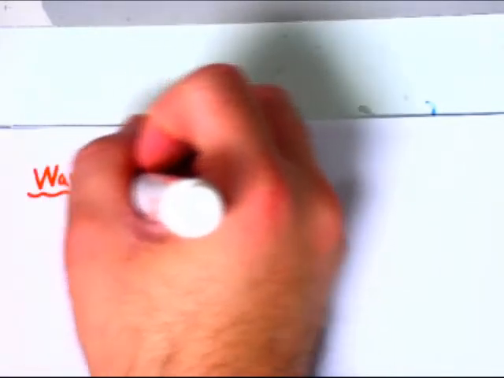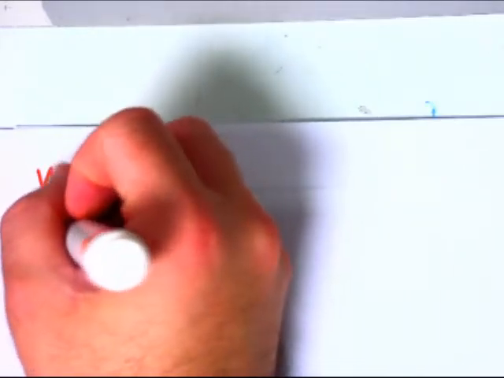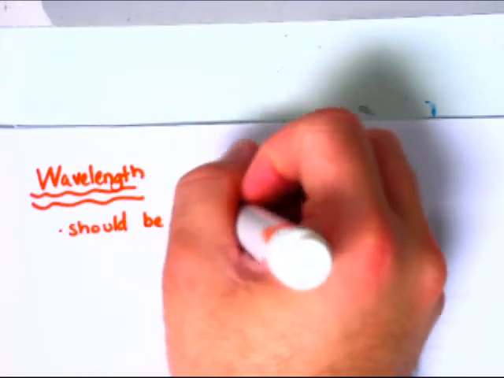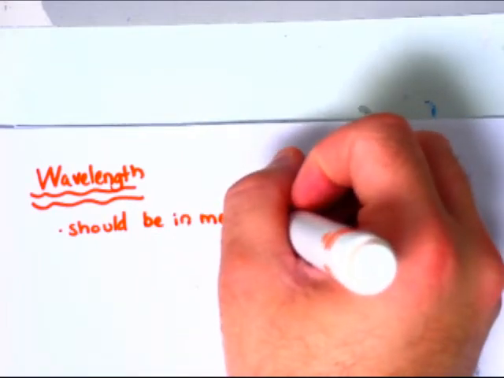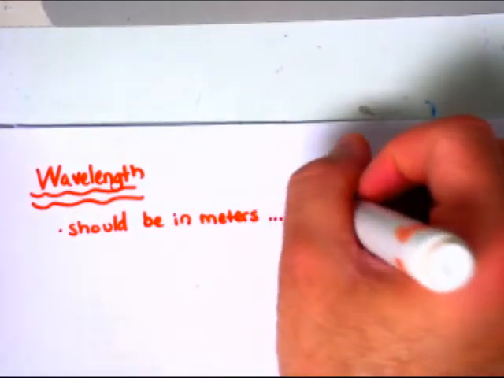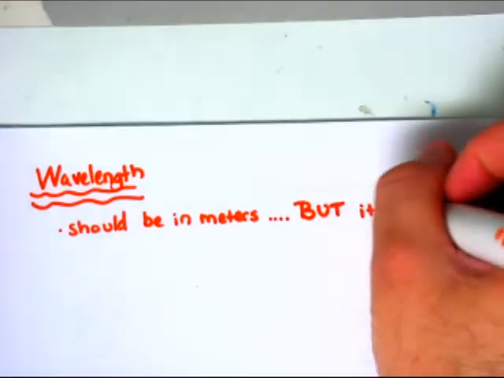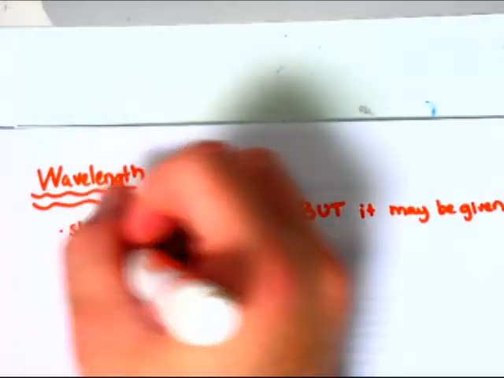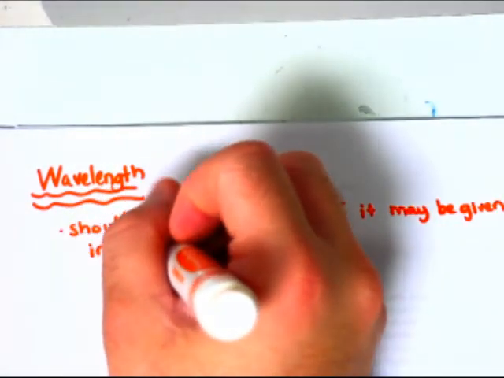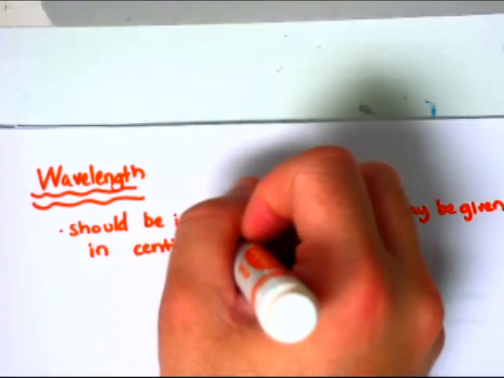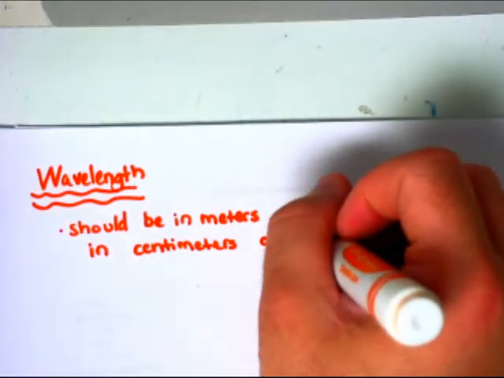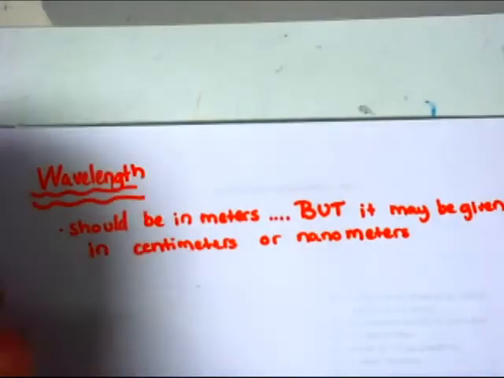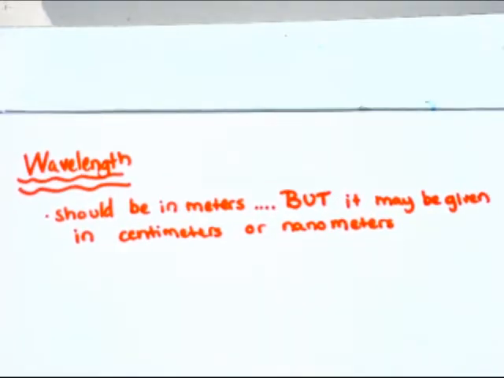What unit should wavelength be in? So it should be in meters. But it may be given in centimeters or nanometers, which is problematic.